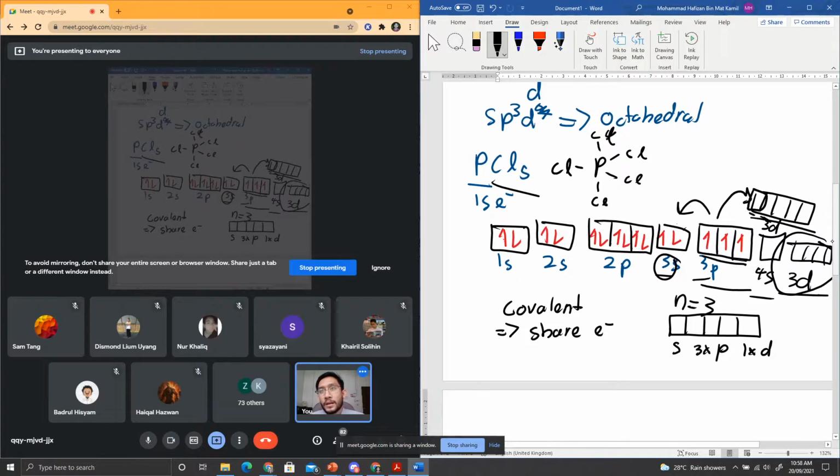How you explain it is, you look at how many bonds it has. So, hybridisation theory is, we look at how many bonds it has. We are trying to rationalize how it can make that many bonds. So, look at those bonds. It makes 5 bonds, so it means that the central atom has 5 singly occupied electrons. That's why it can make 5 bonds. If we arrange it the usual way, it does not make any sense.